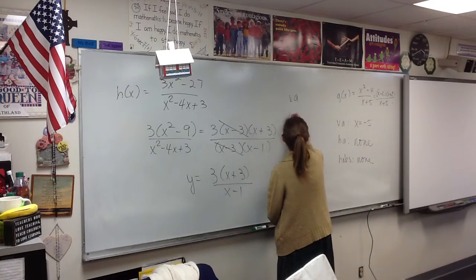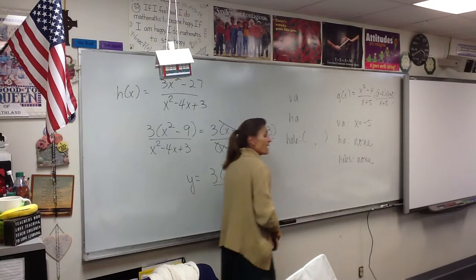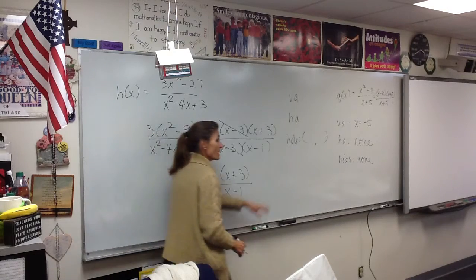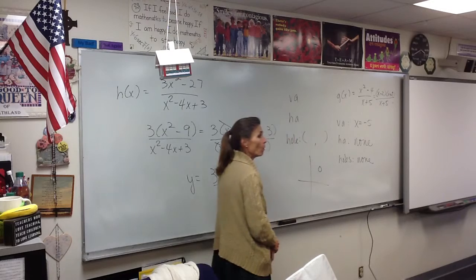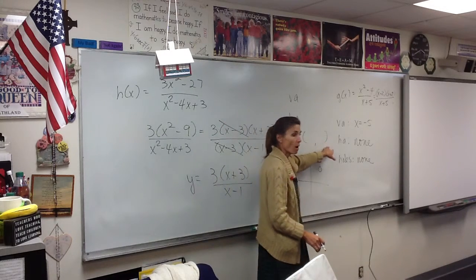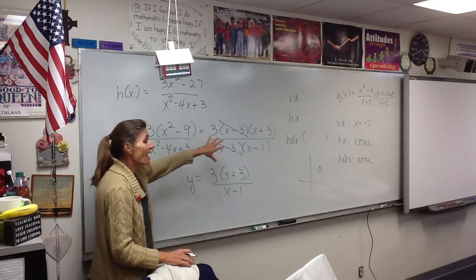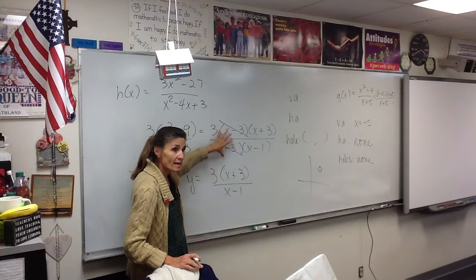Because we canceled, this time we are going to have a hole. You guys, a hole is like a point, okay? It's an open point. So it has an X and a Y. The X comes from what you canceled.